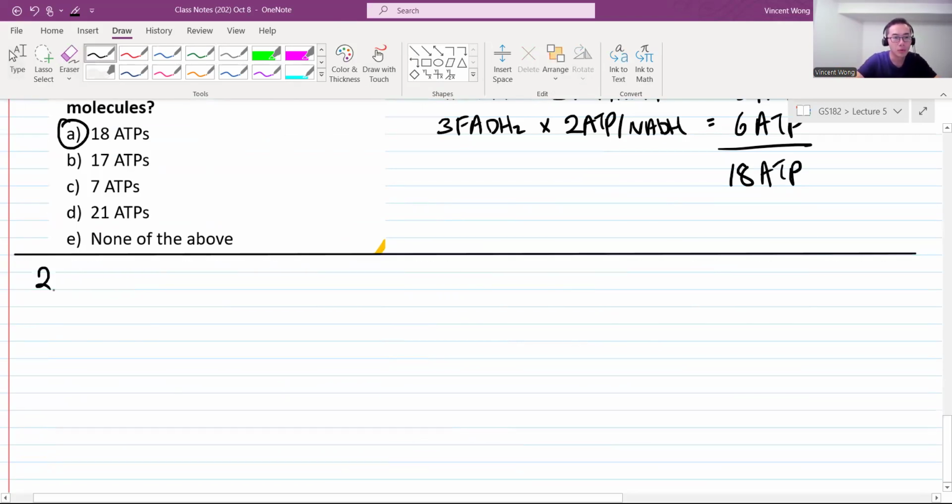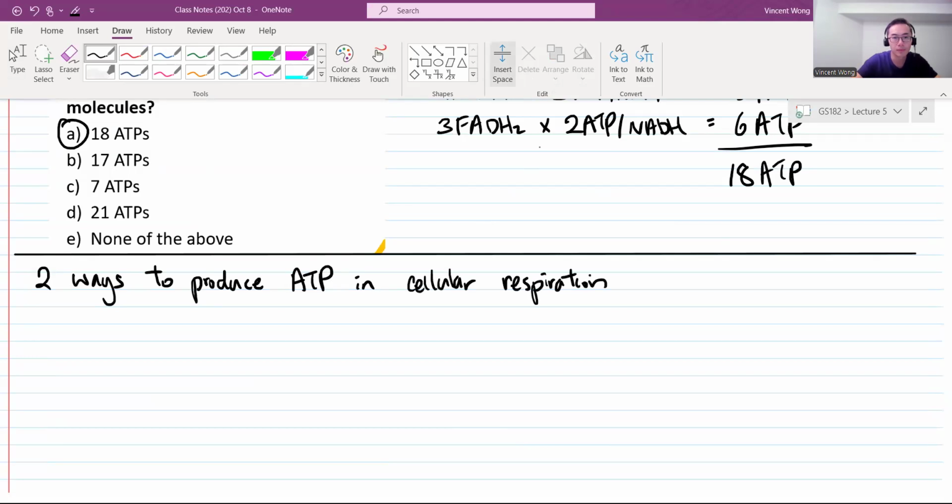All right. 2 ways to produce ATP in cellular respiration.